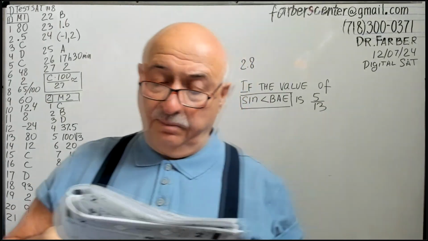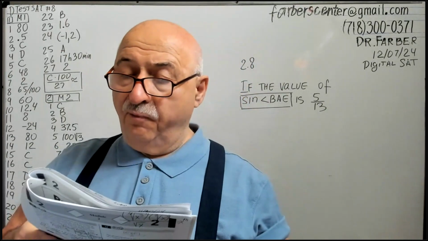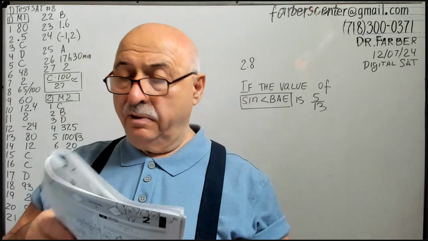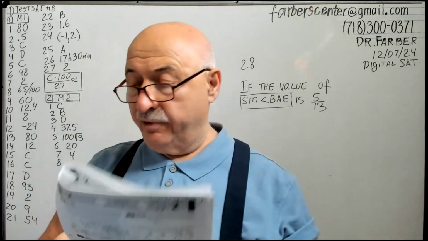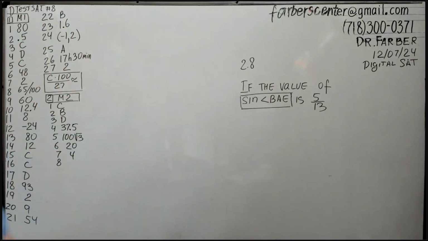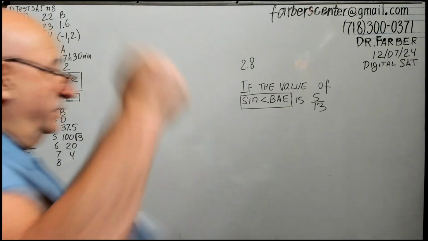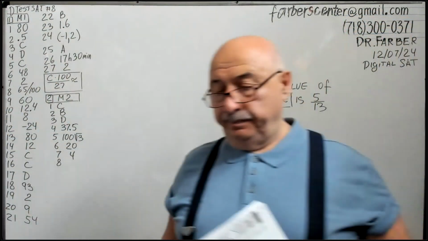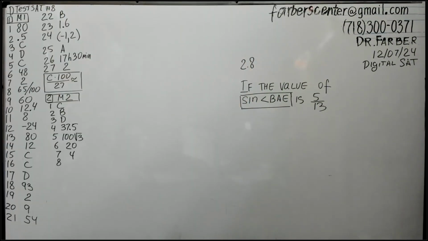Only after I wrote sine of B or BAE equals to 5/13. Good luck. Send me this answer, and after you send, raise your hand. Everybody's supposed to send this answer. Okay.